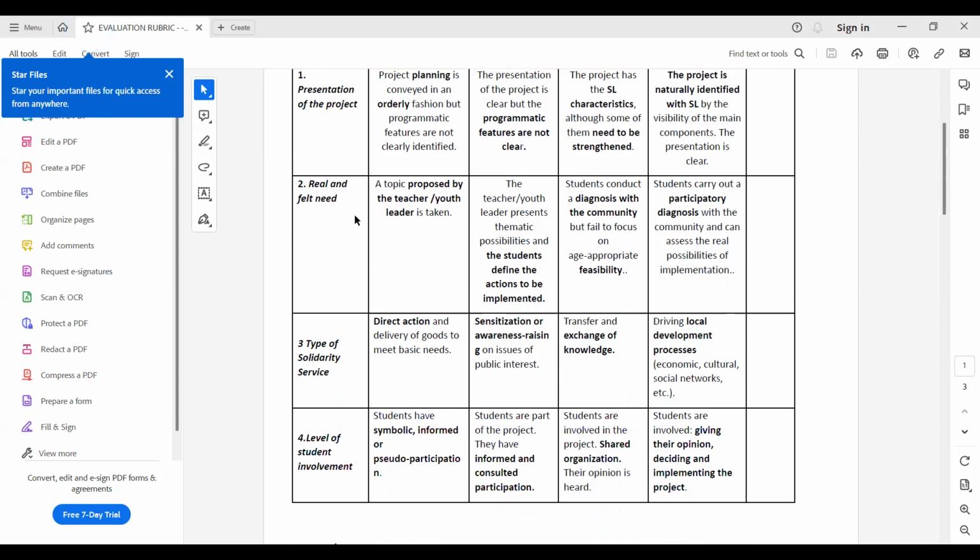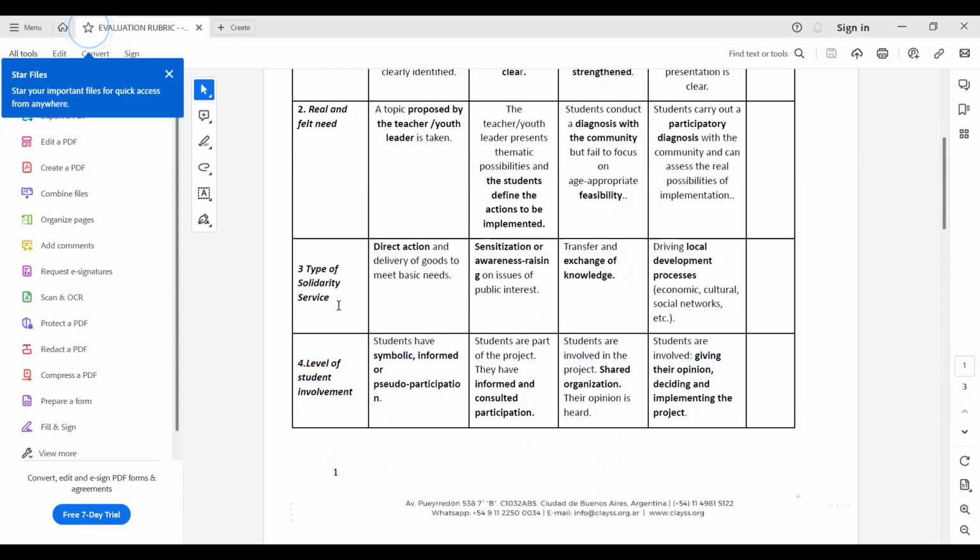Then, if there is a real and felt need from the community, how is the need, who participates in the diagnosis, if the teacher proposes, or the students or the community, and how they link in defining this need. Then the type of solidarity service, if there is an action or there is a local development process, you can see this is the line you can go through.